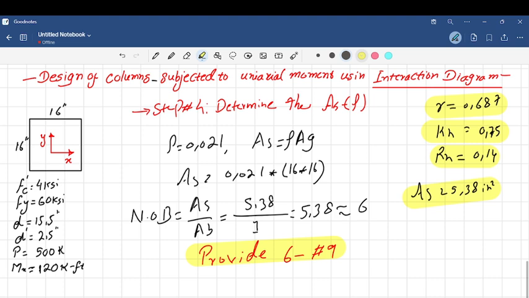So this is how we design a reinforced concrete column that is subjected to uniaxial bending moment. In the case it is subjected to biaxial moment, which is the case for corner columns, we have another procedure where we convert the biaxial moment to a uniaxial moment, and then we do the same procedure that we did for this one.